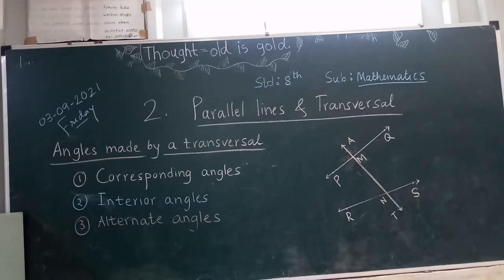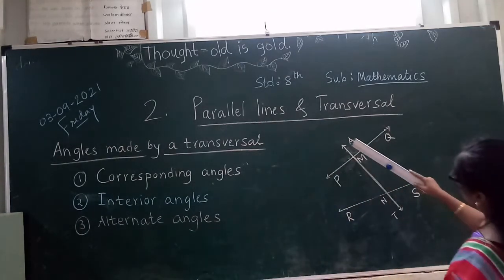Here angle AMQ and angle MNS are the corresponding angles. How does it come? Because these two angles AMQ and MNS lie in the same direction of the transversal and on the same side of the transversal. Let's have a look at the figure.